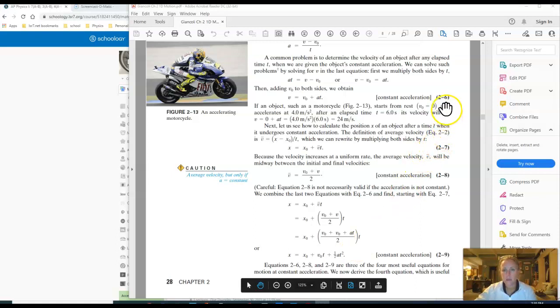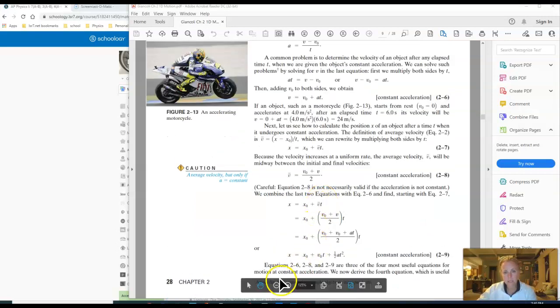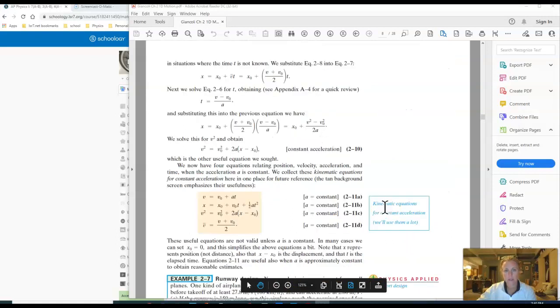Okay, so you've got equation 2.6, equation 2.7, I guess this is position and time. We've got average velocity, and we got 2.9, which is this displacement equation. And with the combination of these equations, we can get a fourth equation, okay?